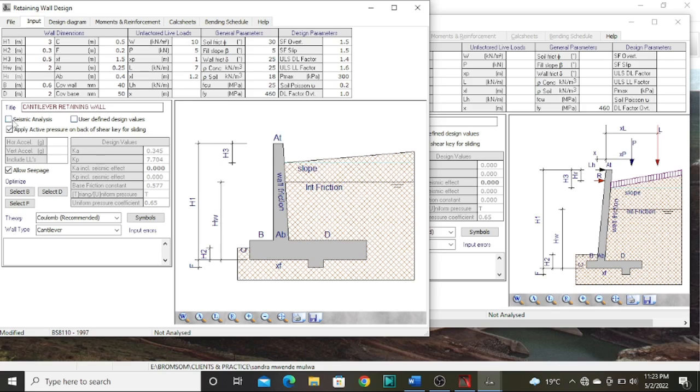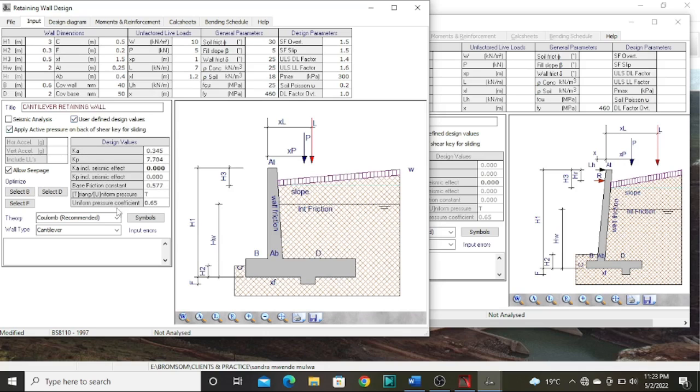And you can also do your user-defined design values. You can use the values that are generated by default, or you can click there to enter your values. So as you can observe, this is my wall.